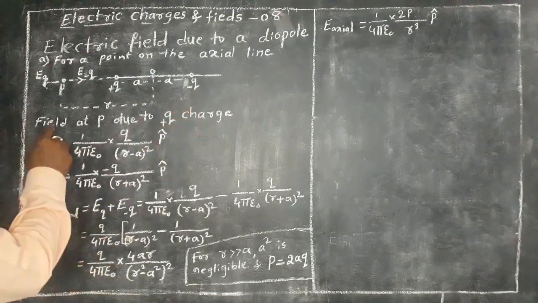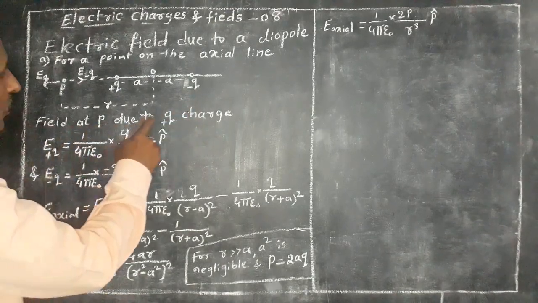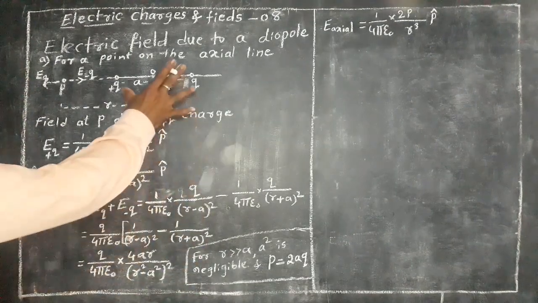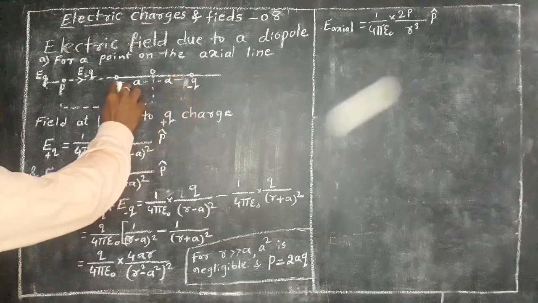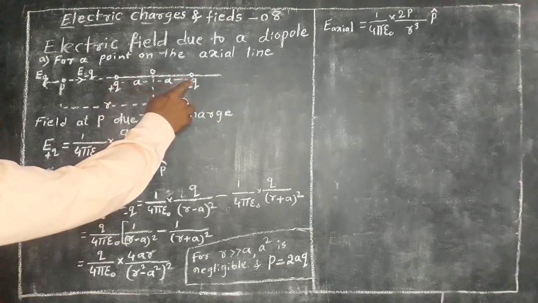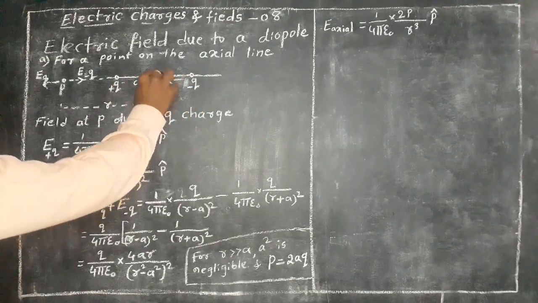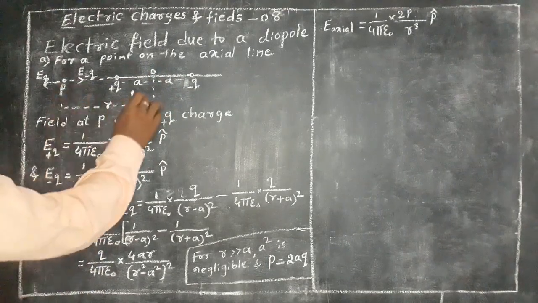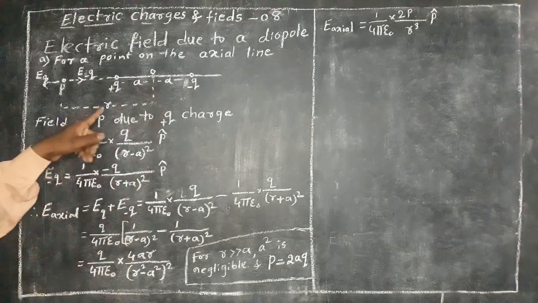Therefore, the field at P due to plus Q charge. Here 2A is the dipole length and O is the midpoint of the dipole. The distance of the point P from the midpoint of the dipole is R.